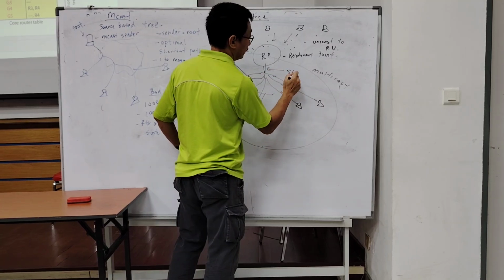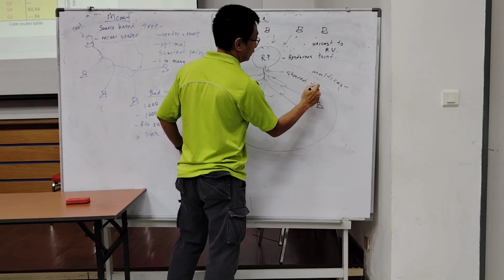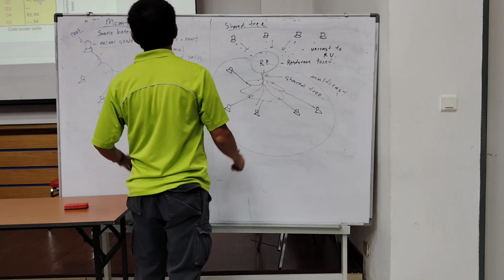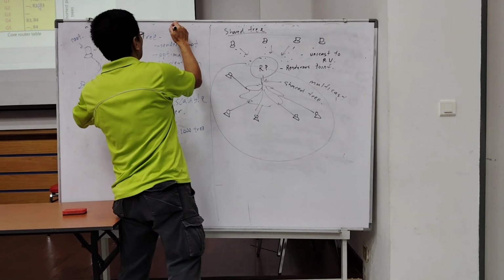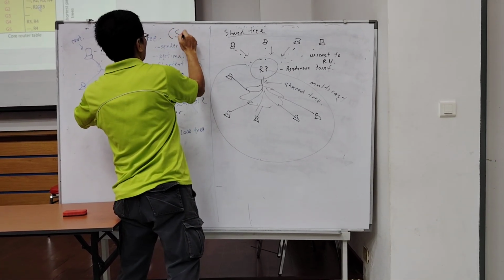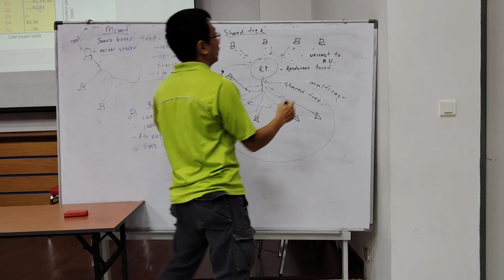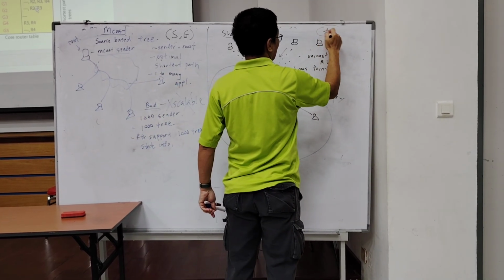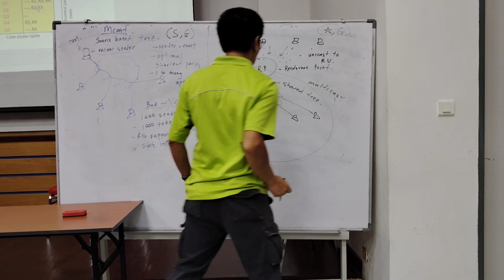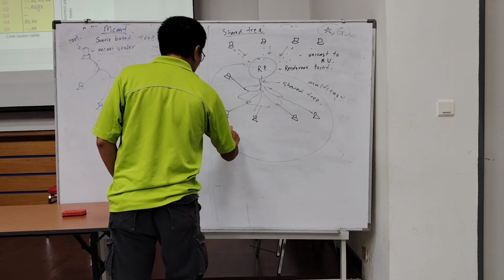It's a shared tree. In a source tree, the definition is (S,G). This one is (*,G). In this case, it is scalable.